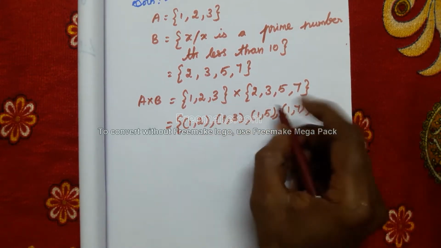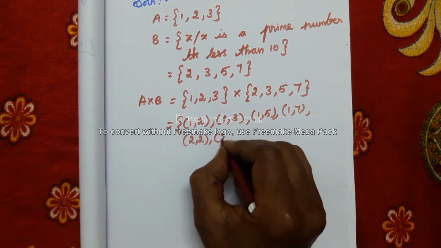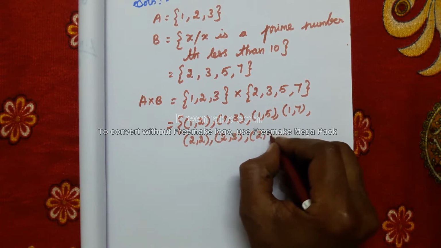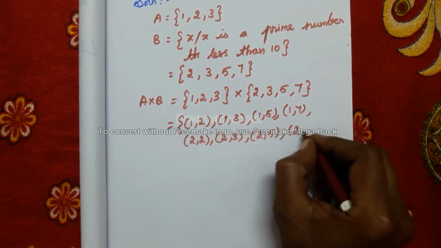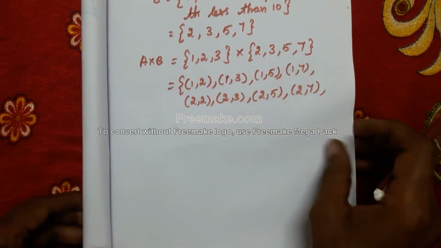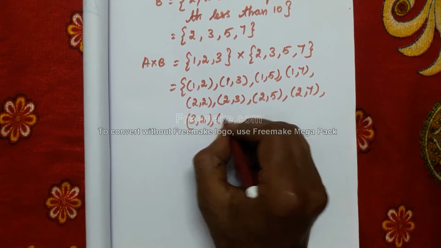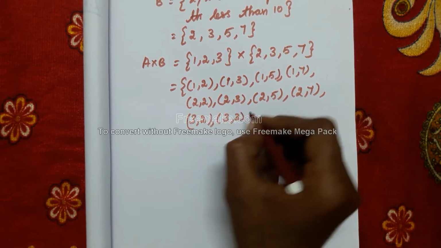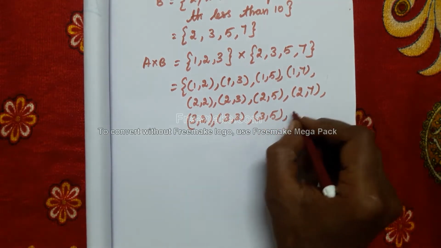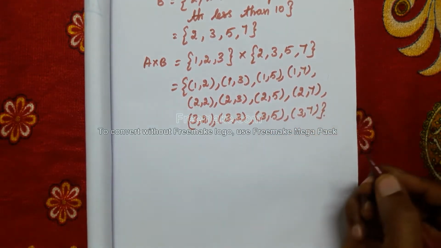Next, (2, 2), (2, 3), (2, 5), (2, 7). Next, (3, 2), (3, 3), (3, 5), (3, 7). Clear, students?